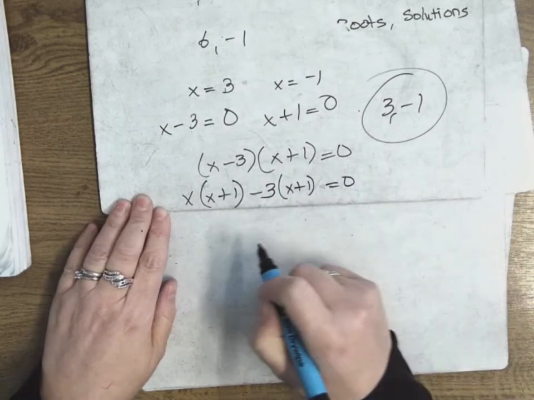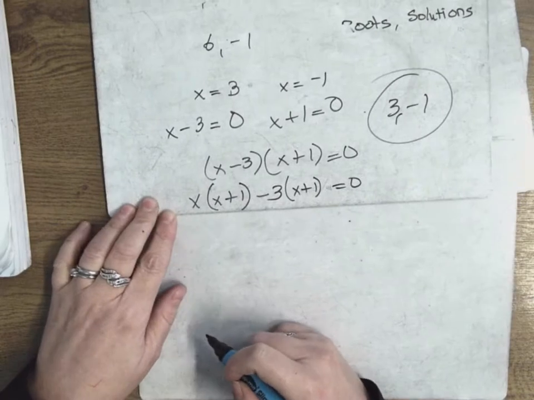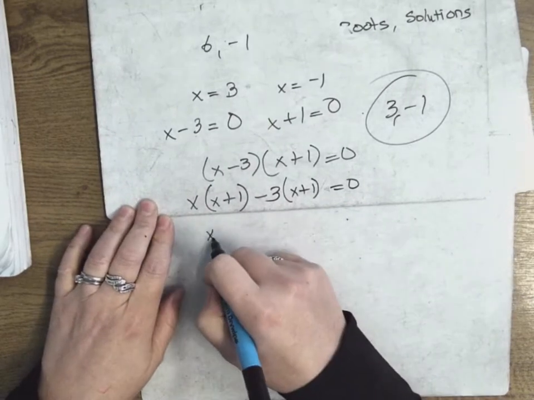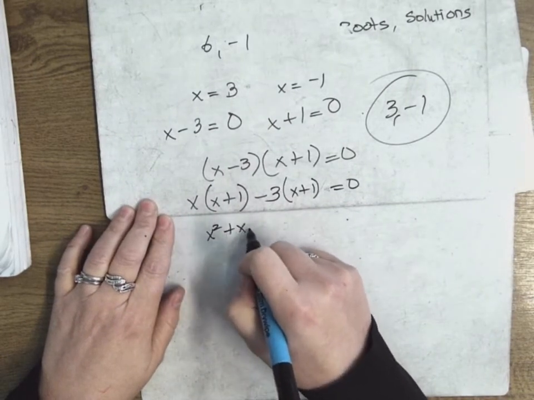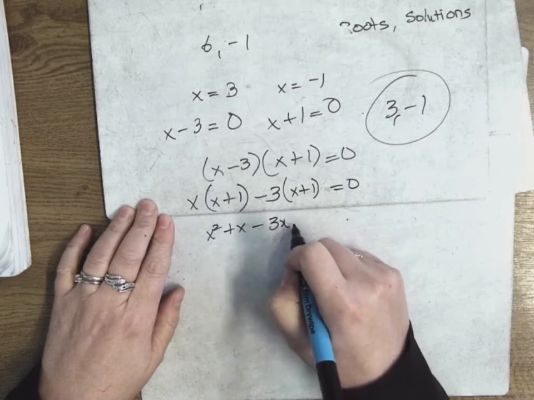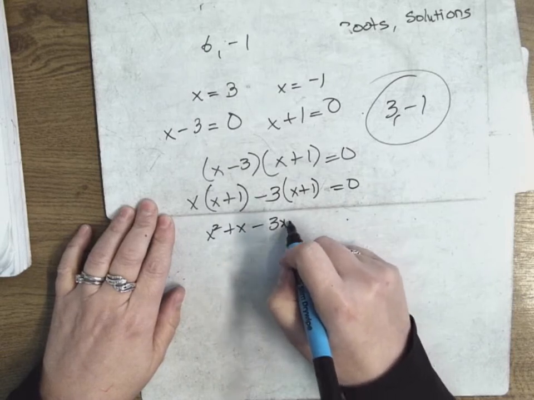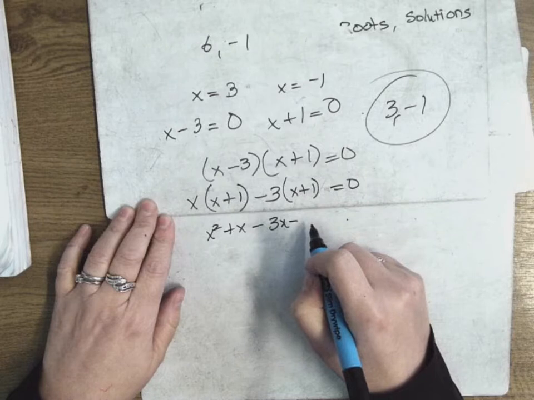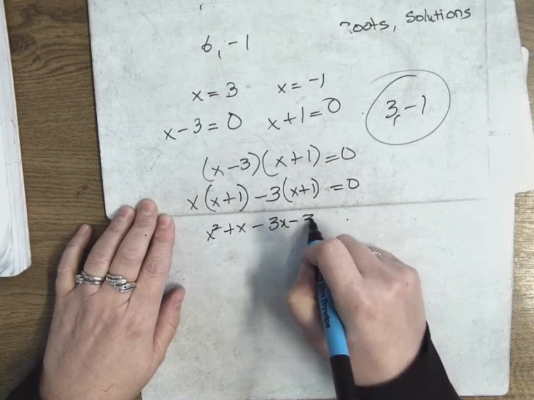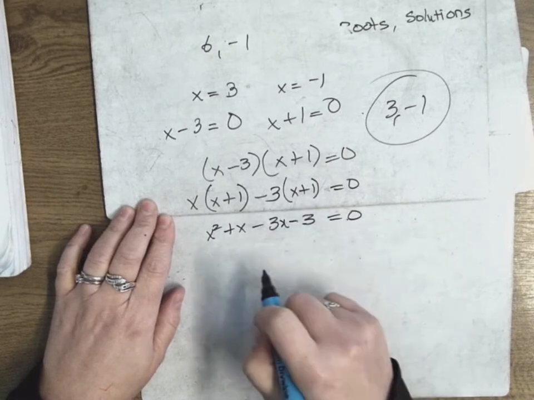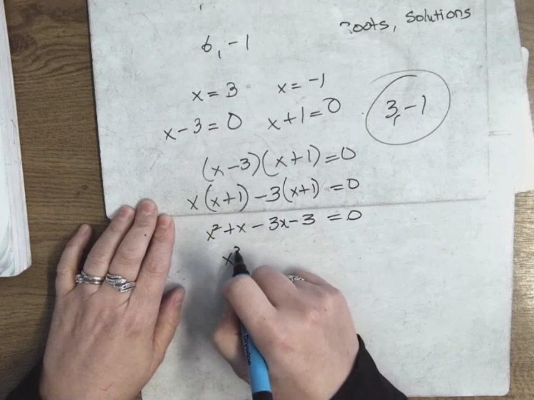And then you're multiplying into the brackets, so call out what you get. x squared, plus x, minus 3x, excellent. Minus 3. Thank you. Right, okay, we got there in the end, that's all that counts.